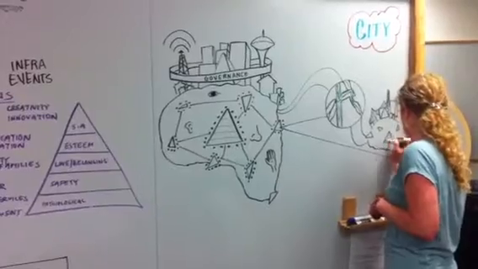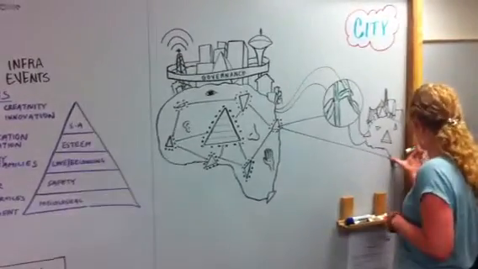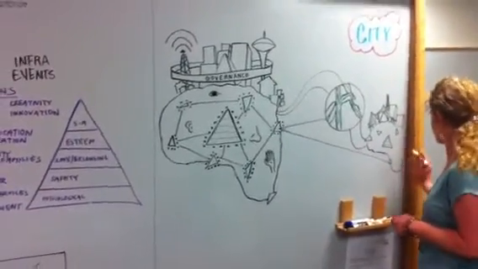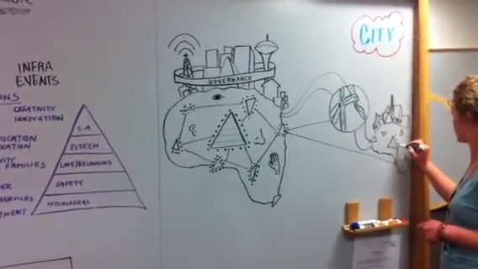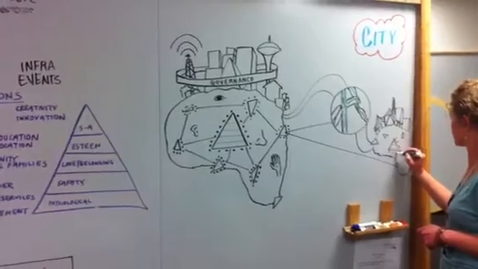In the case of the city, it's the individuals in the city that are continually sharing and translating information back and forth through a number of physical gathering points, but also through virtual gathering points.